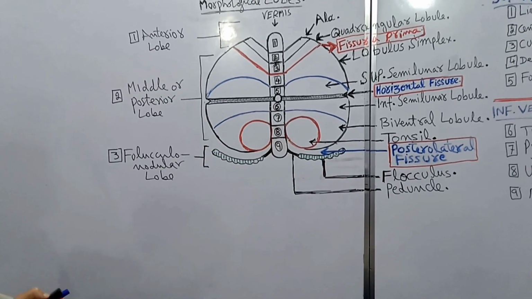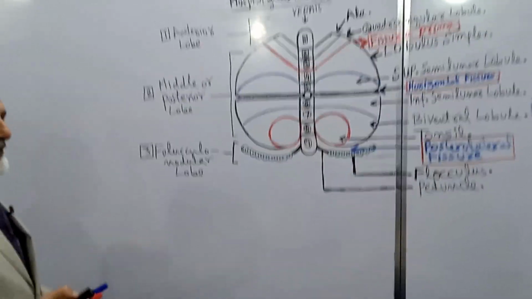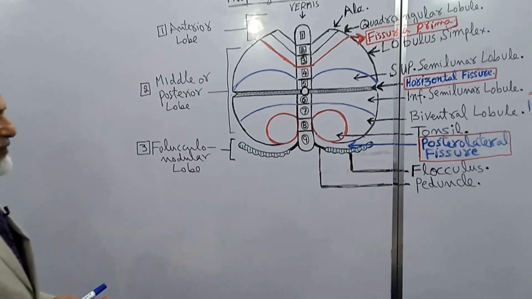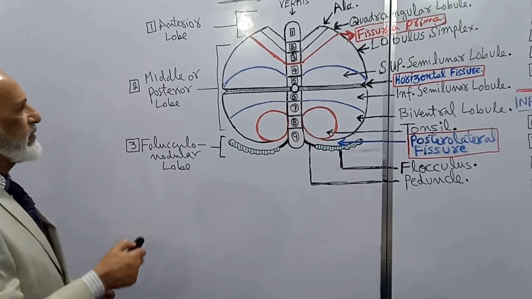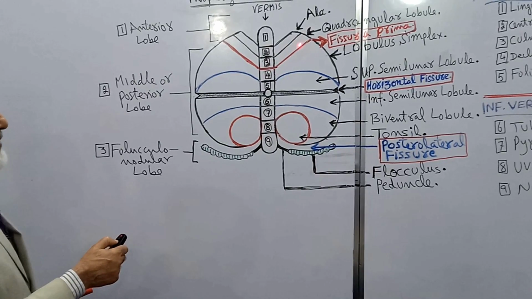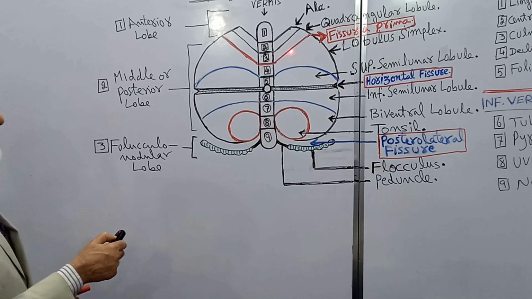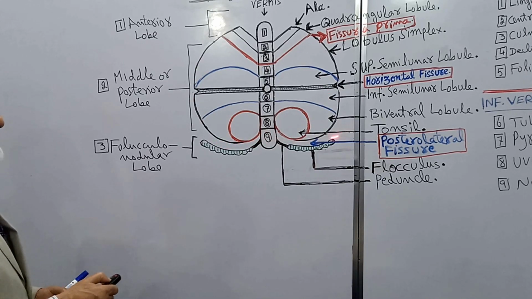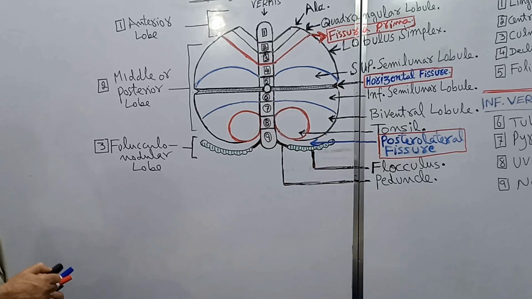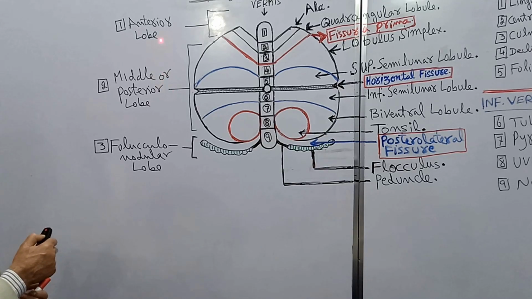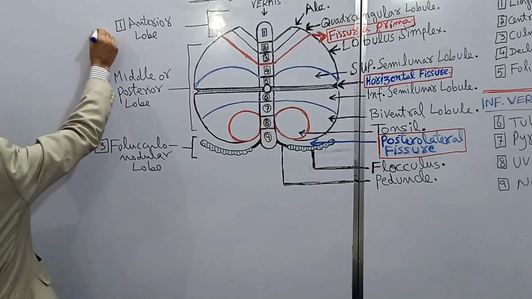So, three major fissures take part in the division of the cerebellum into these three gross anatomical lobes. Fissura prima, or primary fissure, is between the anterior lobe and middle lobe, while the posterolateral fissure is between the middle lobe and flocculonodular lobe. The anterior lobe and middle lobe are collectively known as corpus cerebelli.